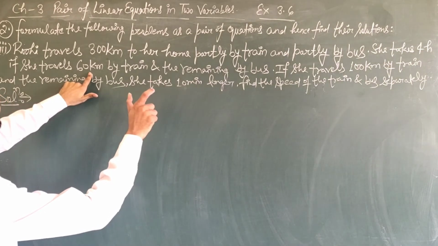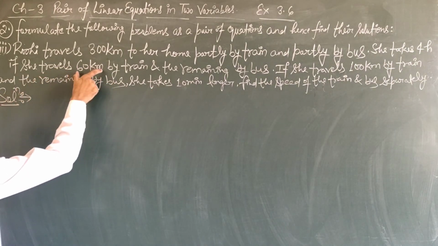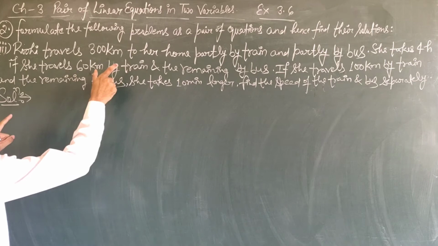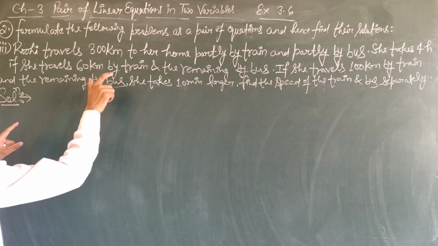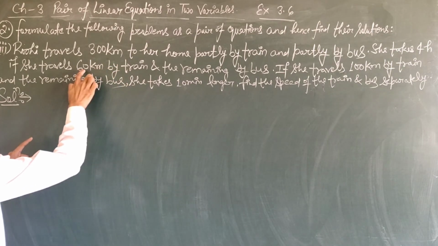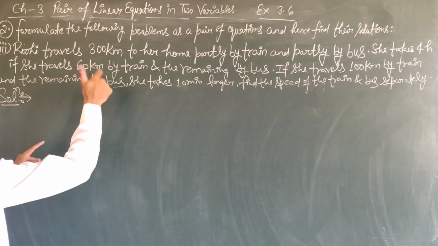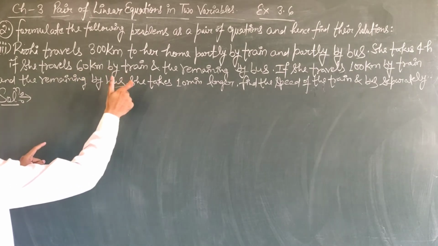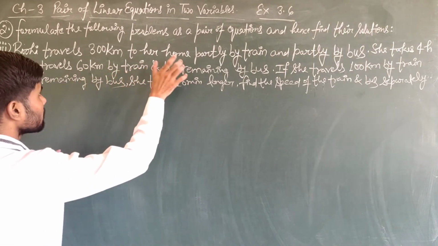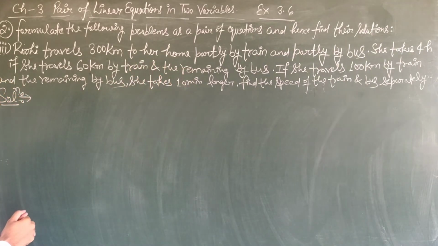Remaining means, what is remaining? If she travels 60 km by train, 240 km will be remaining. Means 60 km plus 240 km traveling by train and by bus respectively.